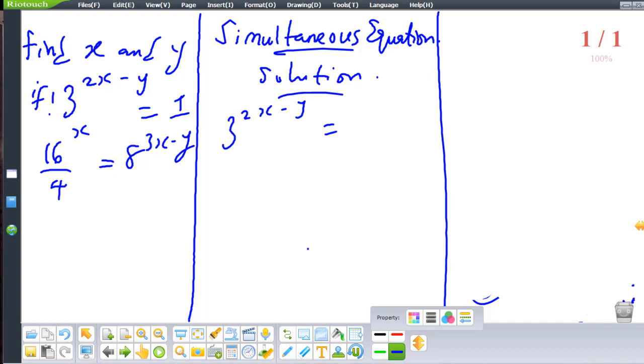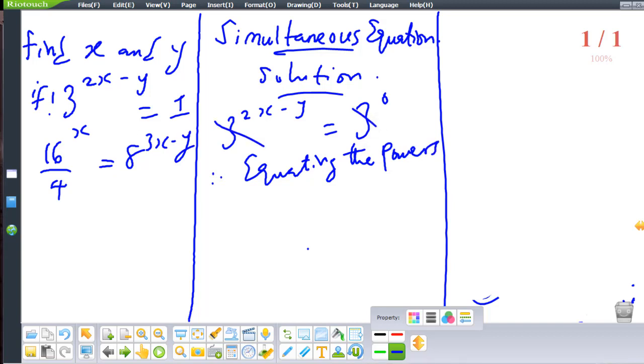So we have 1 is the same thing as 3 raised to the power 0. Equating the powers, we cut the bases, and then we have 2x minus y equals 0. That's equation 1. Simple.